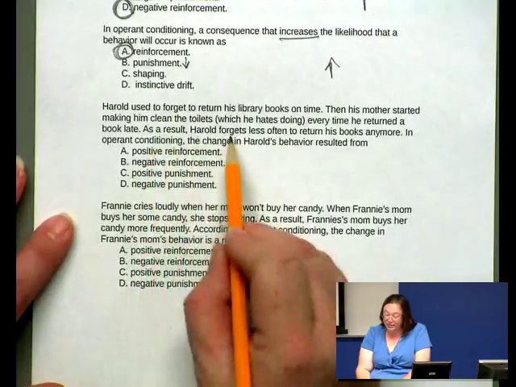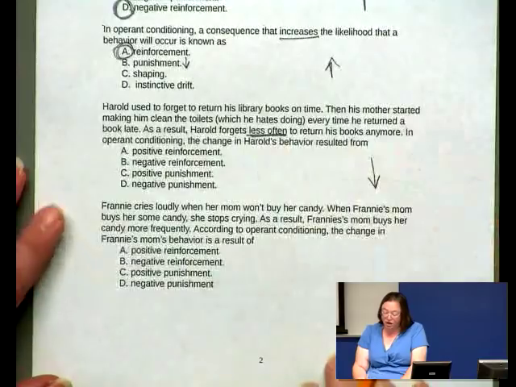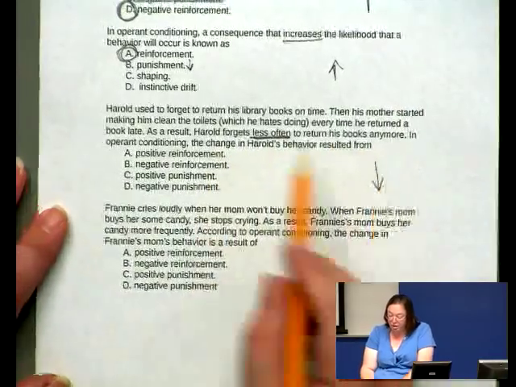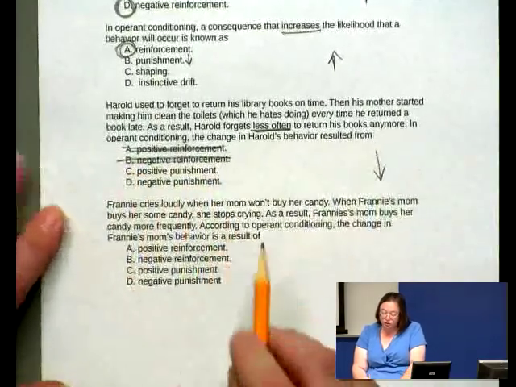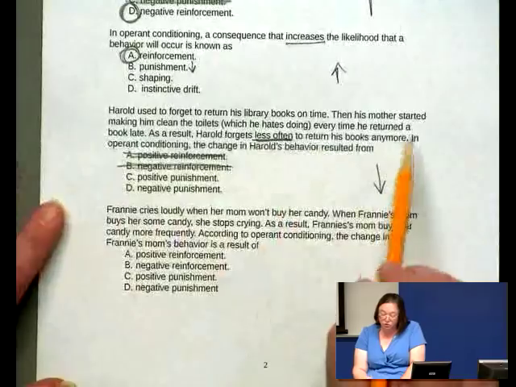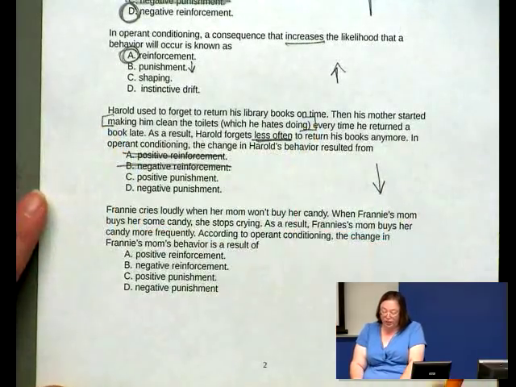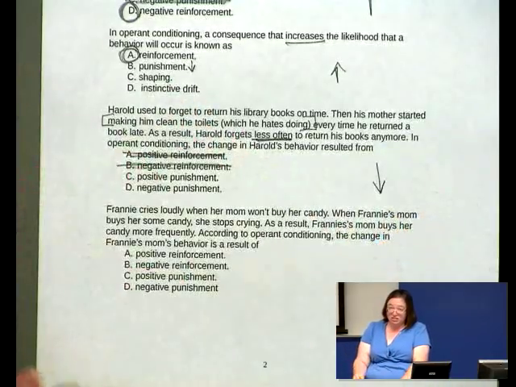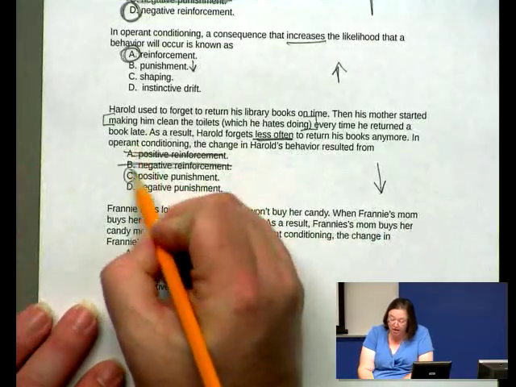As a result, Harold forgets less often. There we go, less often, so we know there's a punishment in there. So punishment, so bye-bye reinforcements. Now what's his punishment? Which is right here: making him clean the toilets, which he hates doing. So he has to do something that he doesn't like, that he finds unpleasant. And when it's applied, it's a positive punishment.